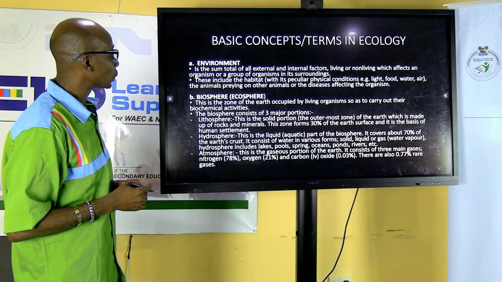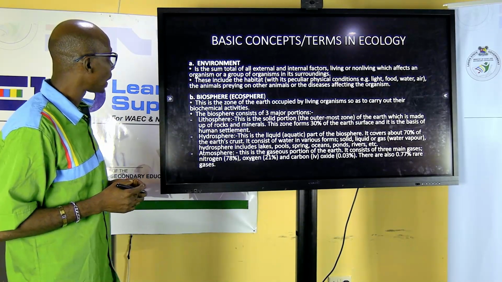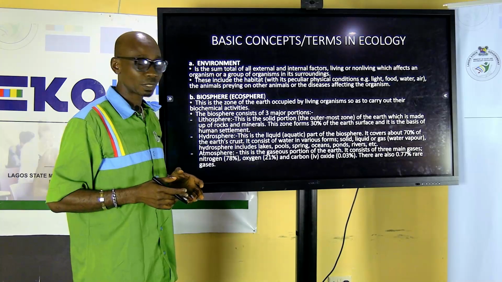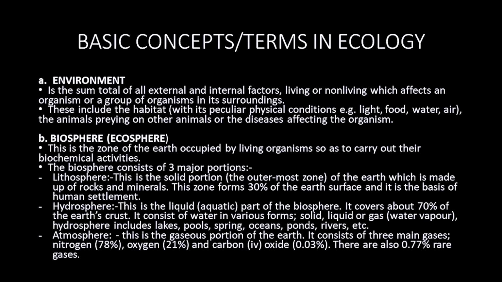Now we are going to look at some of the concepts. The first one we are starting with is environment. Environment is the sum total of all external and internal factors. Everything that surrounds an organism in its particular area or in its particular habitat is what is referred to as environment.